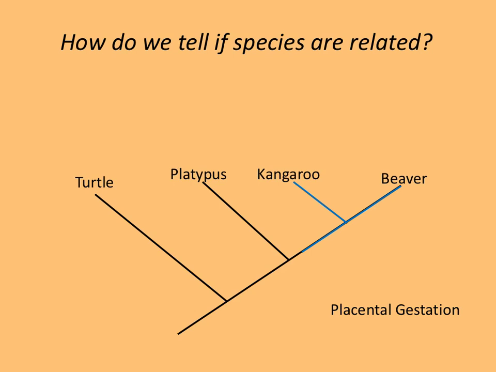With marsupials, an embryo or fetus crawls out and up into a pouch, latches onto a nipple, and develops further in the pouch instead of staying inside like with mammals such as beavers and ourselves.